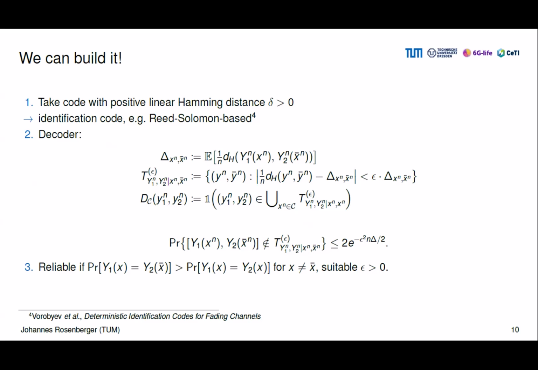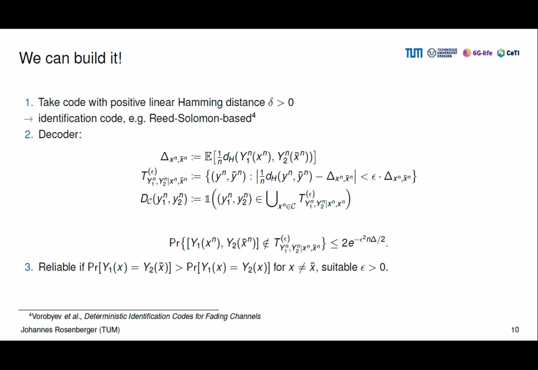And there, basically, you just need a code with a small distance, but a linear distance. You can, for example, just take a Reed-Solomon code, or Ilya Vorobyev made a construction where you don't need such large fields by using concatenated codes.